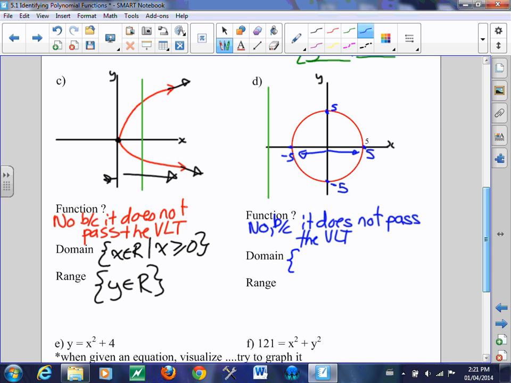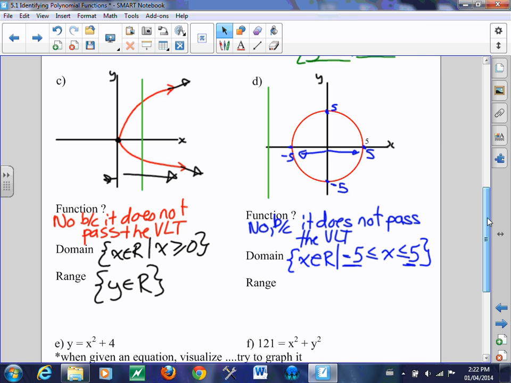So when I write that, I say x belongs to a set of real numbers such that my minimum value of -5 is less than or equal to x, which has to be less than or equal to 5. So I put my minimum first and then my maximum last.